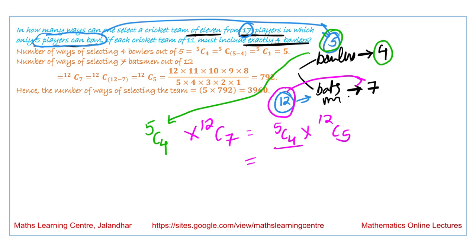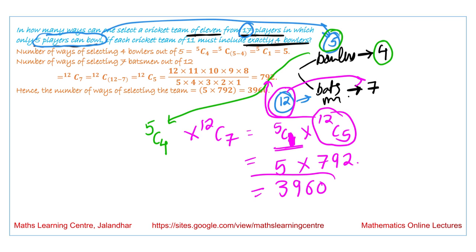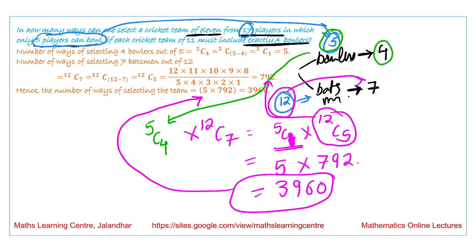The answer for 5C4 is 5C1 basically, so it is 5. Into that, if you solve 12C7, the answer you will have is 792, and on multiplying these numbers you will get 3960 ways. So there are a total of 3960 ways of selecting such a team.